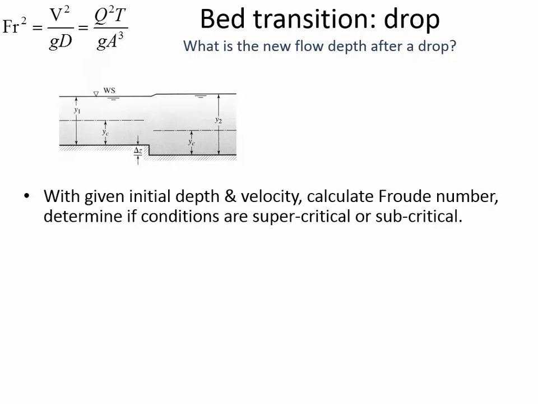Less than 1, right, so 1 is the dividing line, less than 1 means subcritical conditions, and by contrast, anything greater than 1 means supercritical flow. The other way that we can diagnose it is to look at the flow depth versus the critical depth. And so, look at this. We don't have a Froude number on the figure, but we do have the critical depth sketched out there.